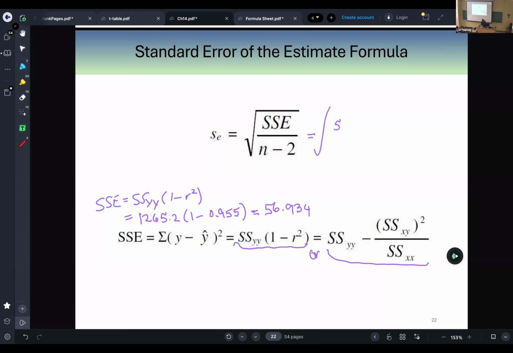Let's do 56.934 divided by, what's our n? How many points did we have in our raw data? 5, right? 5 minus 2. So that will give us 3 in the denominator.